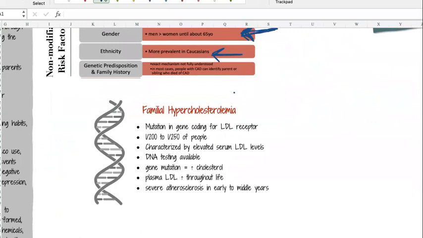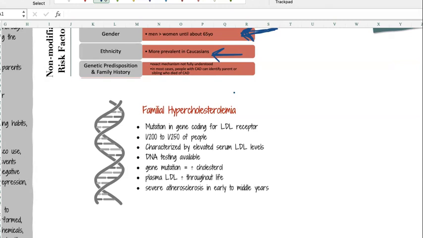When it comes to genetic predisposition, it's a really, really important factor. We're not exactly sure where the gene for coronary artery disease exists, but we know that people with a family history, meaning somebody one level above or below, like a parent or a sibling, are at a very, very high risk.